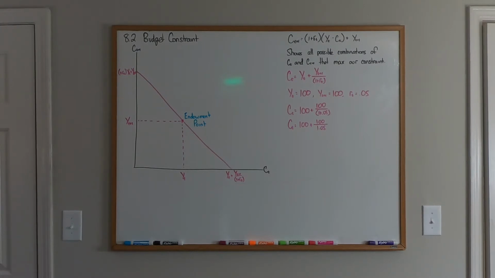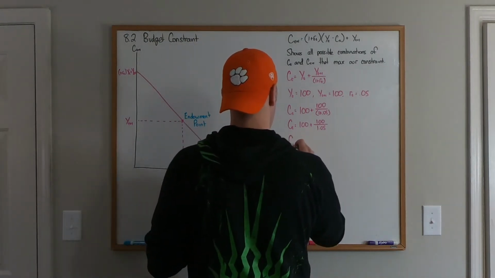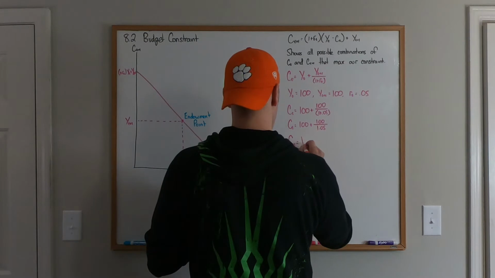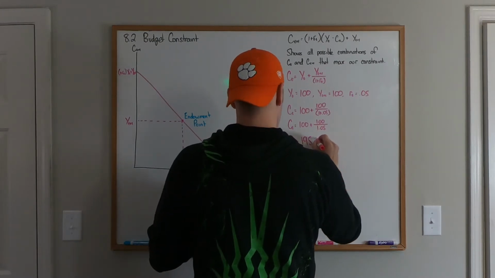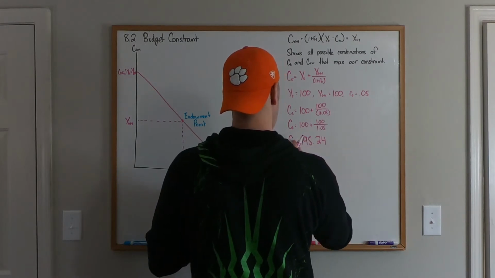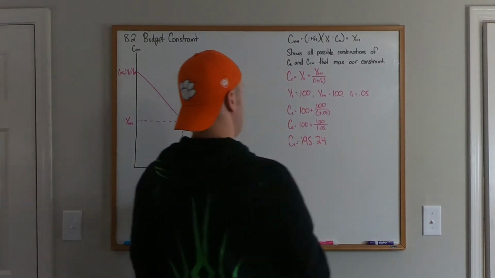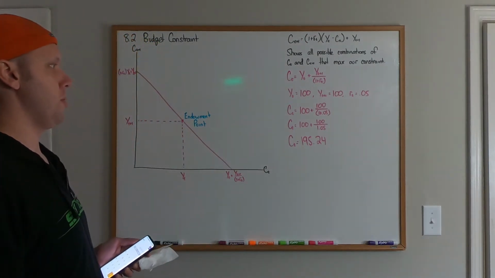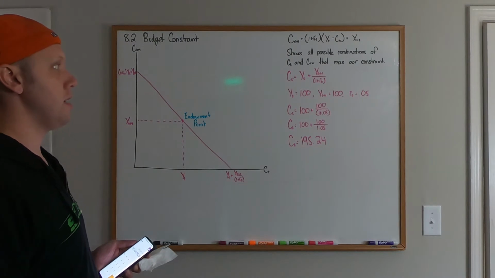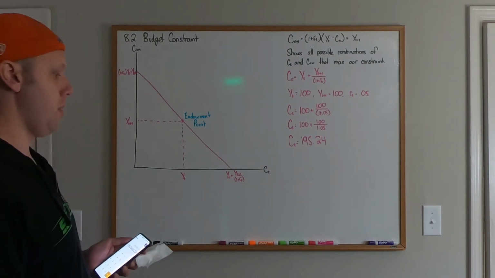Okay, here's my calculator. Well, what that gives me is CT equals $195.24. That is what I can consume today if I consume everything today and absolutely nothing tomorrow.